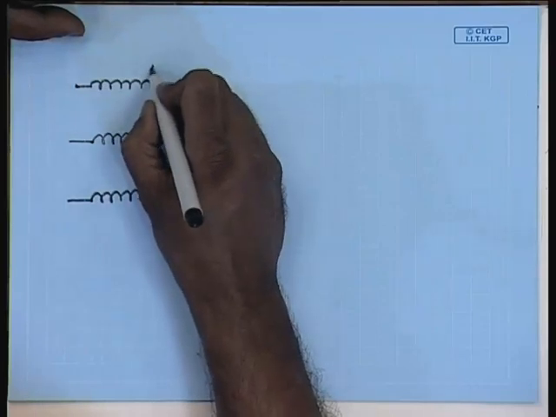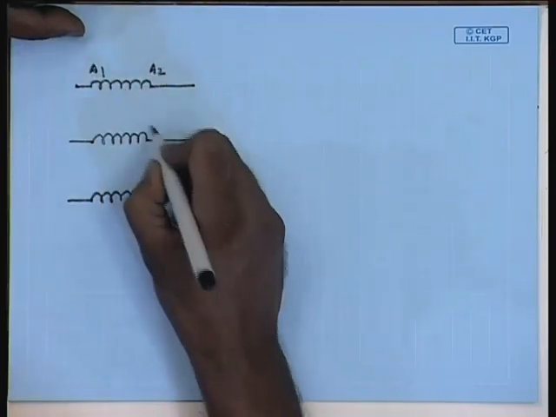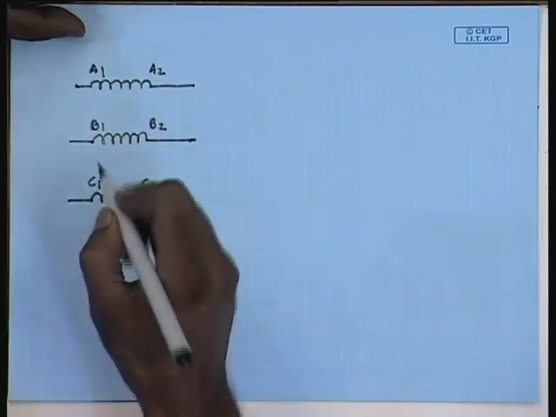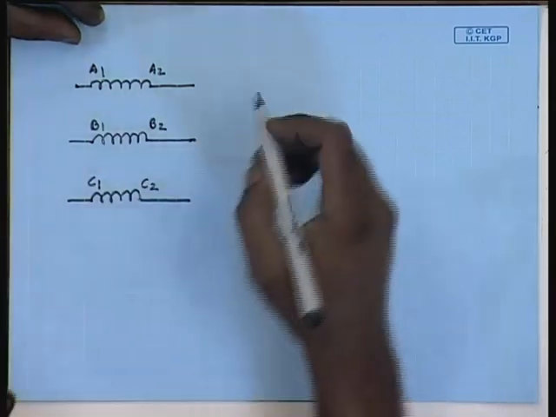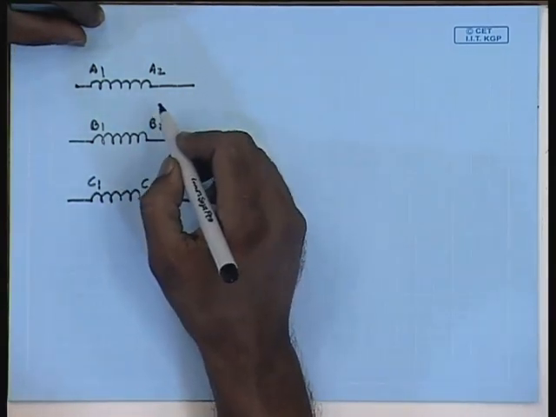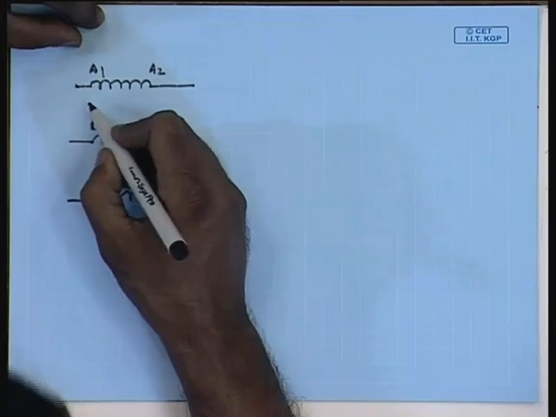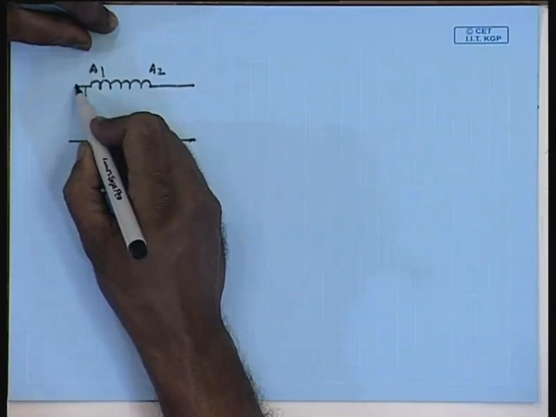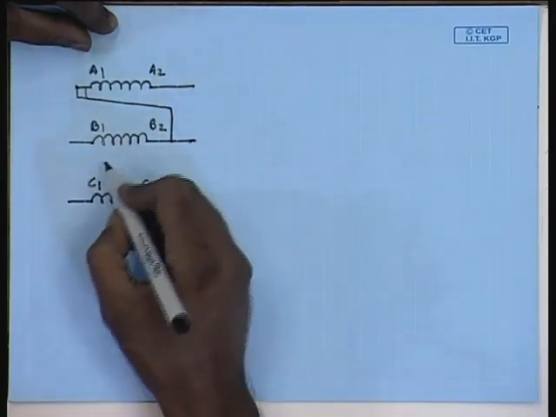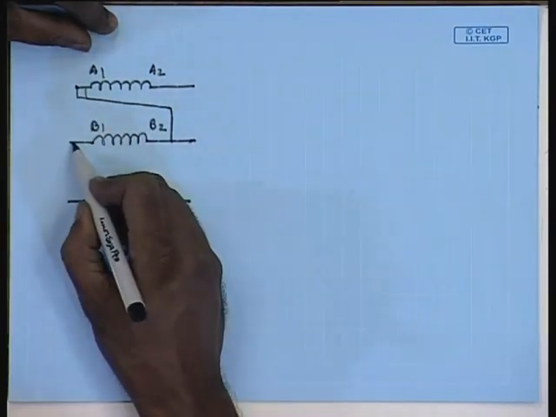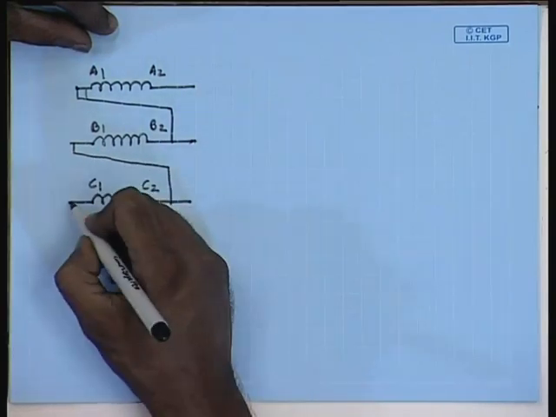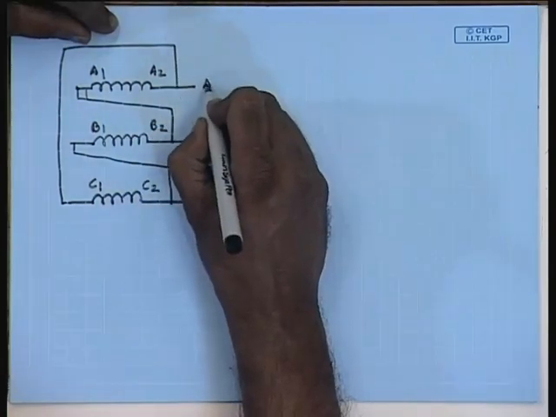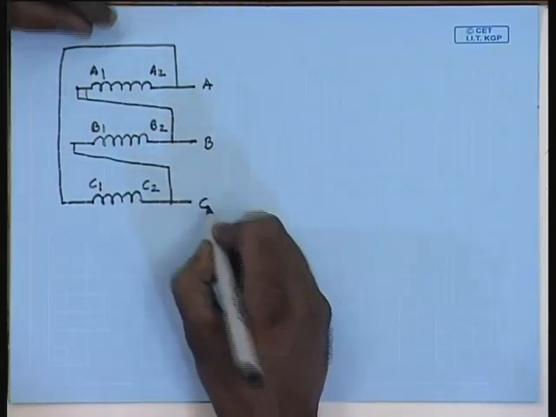This is A2, A1, B2, B1, C2, C1. The delta is formed by connecting A1 to B2, B1 to C2, and C1 to A2. These are the lines A, B, C.